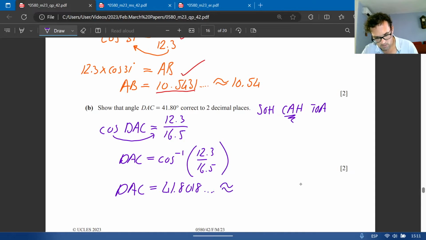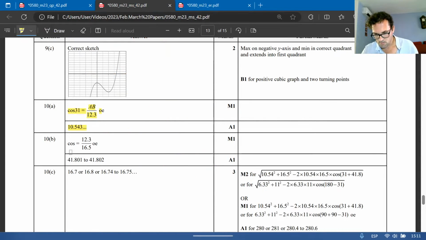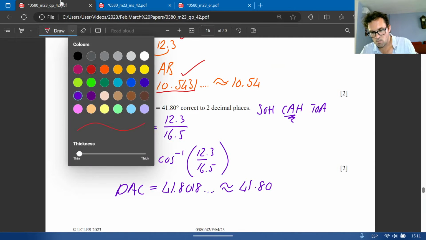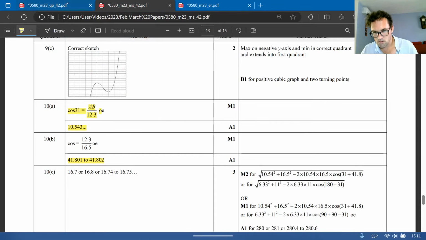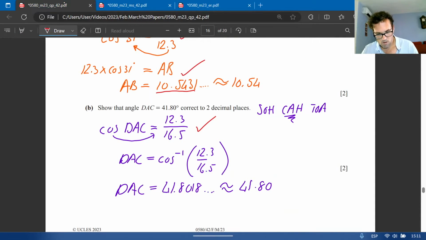That will round to 41.80. So we know it's right. Again, 1 mark for showing that trig ratio, and then 1 mark for showing the unrounded answer. Very important.